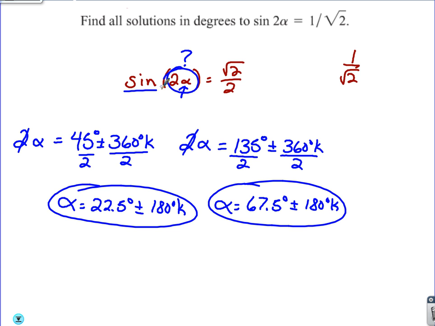What does that 2 do? It compresses it horizontally by half. So what used to be a normal period of 360 degrees is now 180 degrees. But you don't have to worry about that. I just wanted to show you where the 180 came from. When you divide by 2, it works itself out. That makes sense. Let's work another.